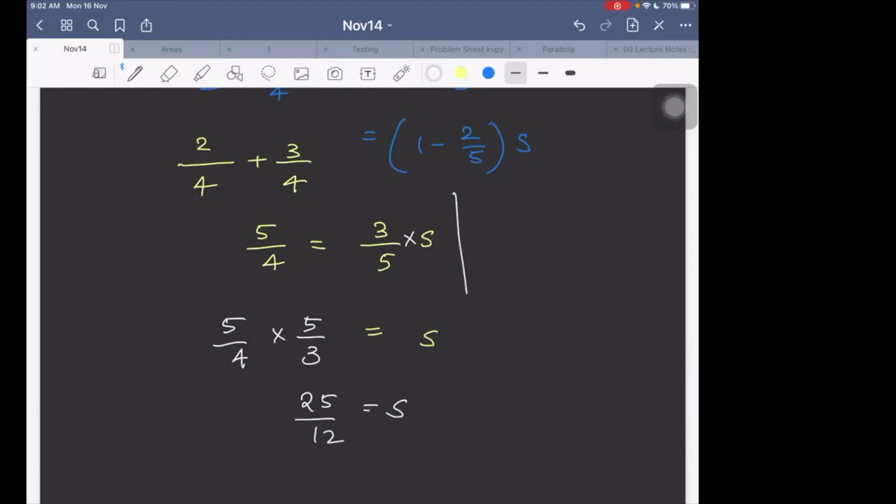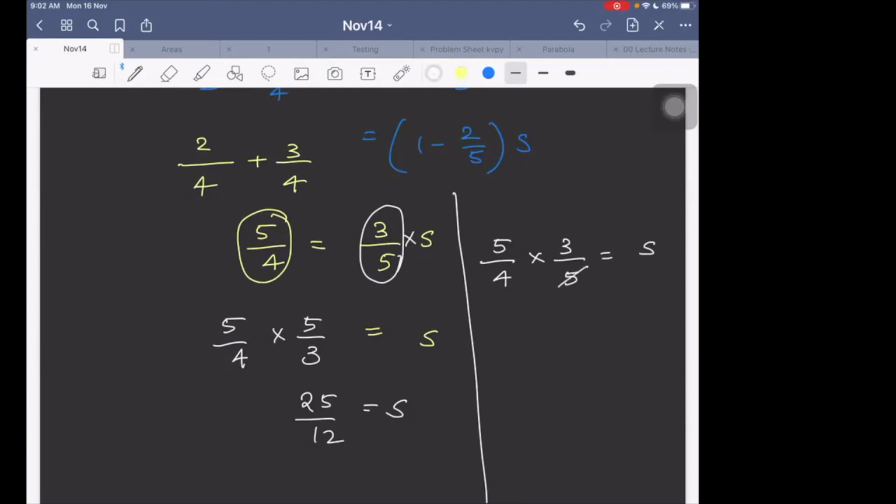I want you to listen to one thing. I'll take just 2 more minutes. If you make a very silly mistake, say you see 5/4 here and you have 3/5 here, and you get tempted and write 3/5 because you want to cancel off this 5, you carelessly write 3/5 instead of 5/3. You're going to get s is equal to 3/4, which is a wrong answer.